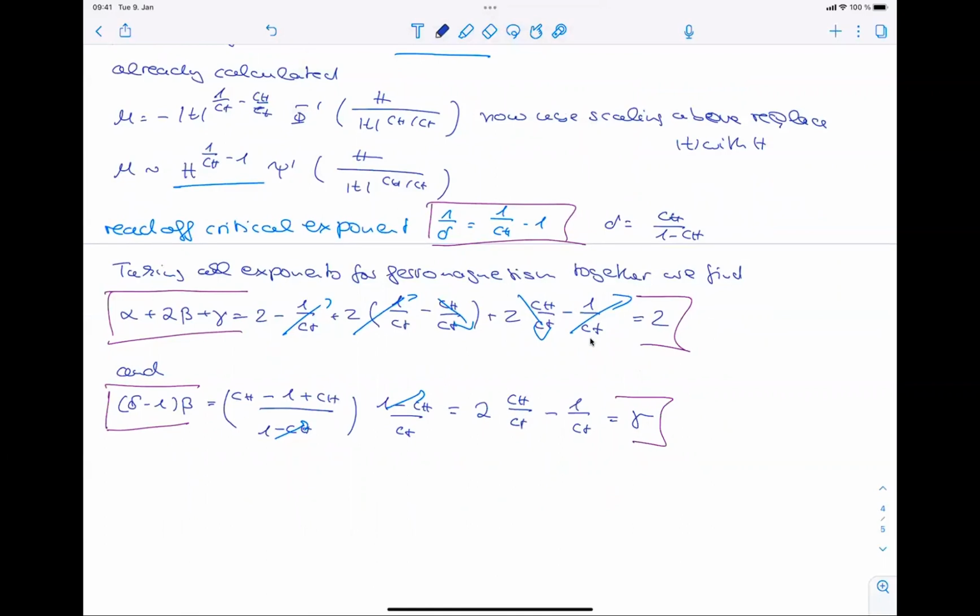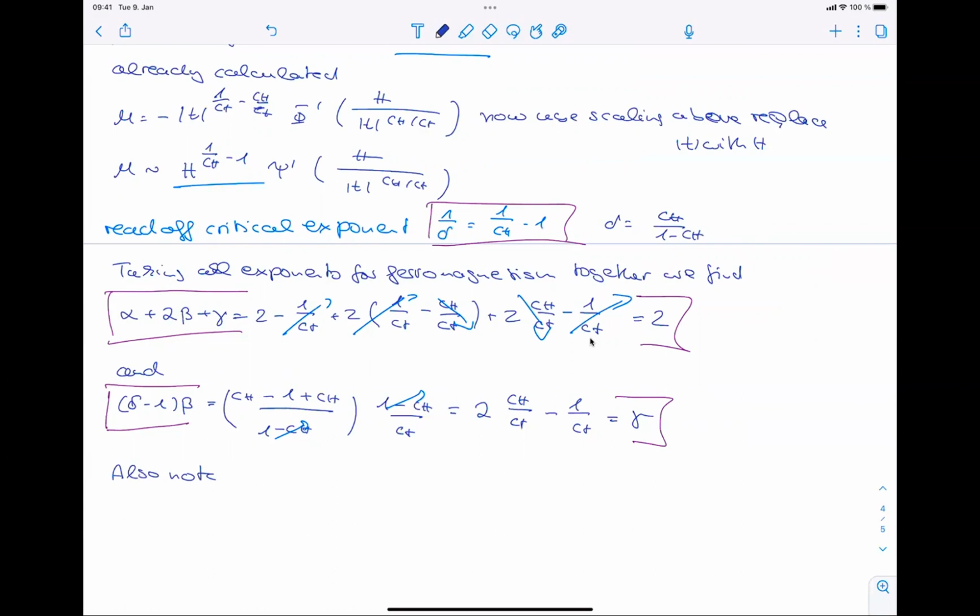And also note that we do find the same exponent independent of from which direction we approach the critical behavior.